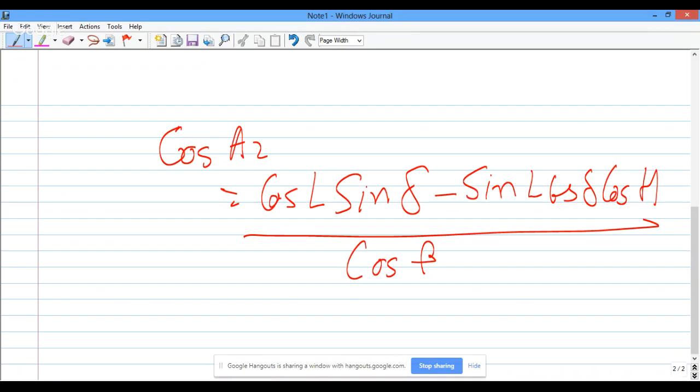So this is how we have used it. Therefore you have to first find out beta. Cos beta you have to find out. Delta can be found out from the formula that you have given. Hour angle is measured from 12 noon, absolute value, that's in our convention we have used.